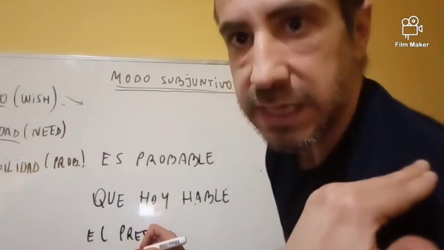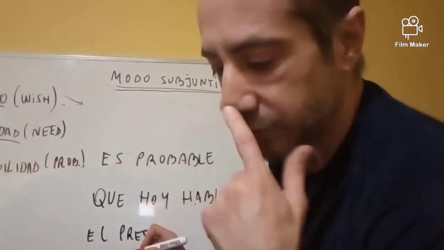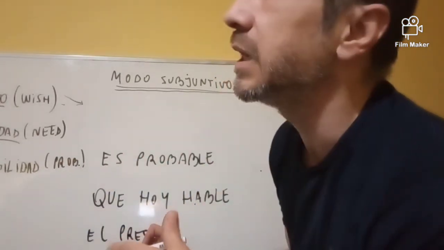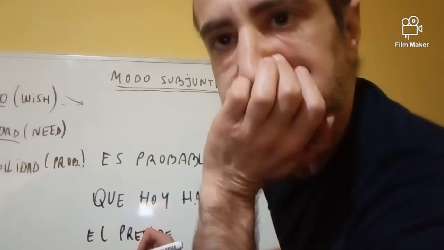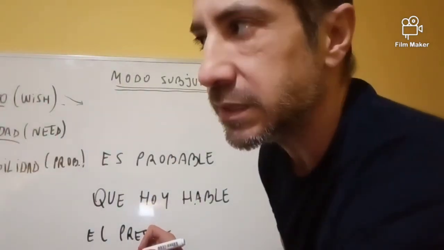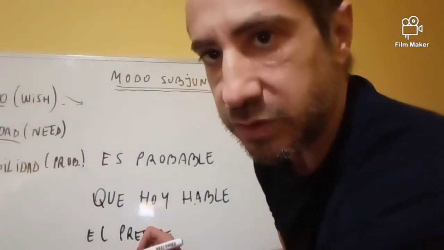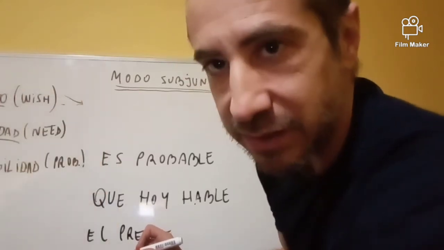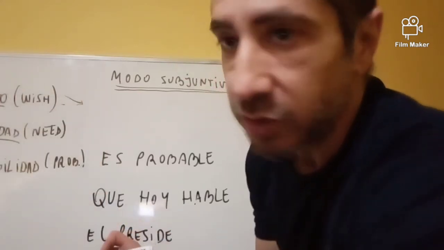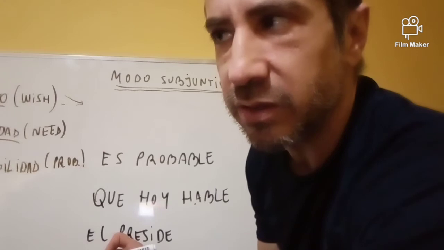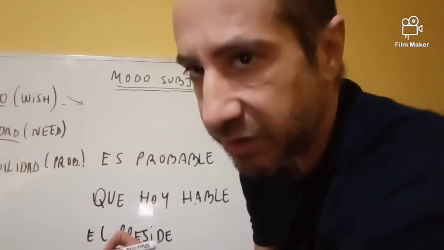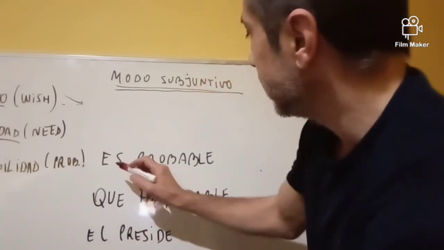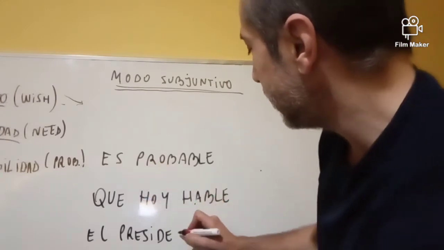spoke yesterday evening about a new treatment to deal with, or to cure, or to prevent coronavirus, I guess you say it. You call it. Es probable que hoy hable el presidente.